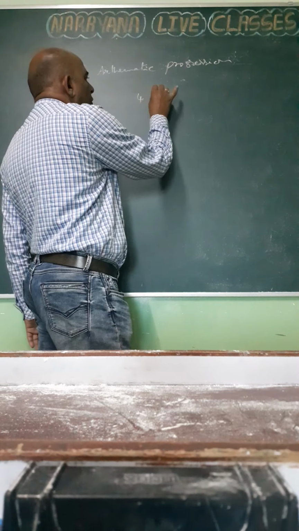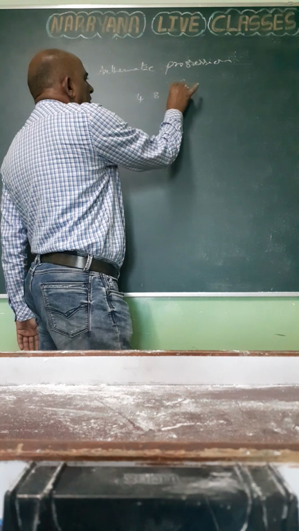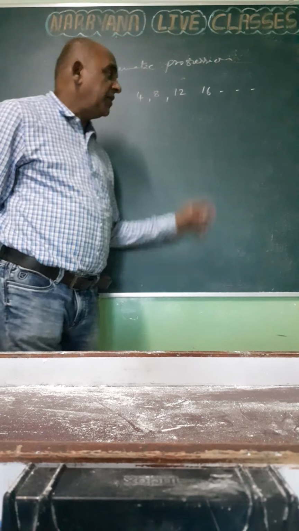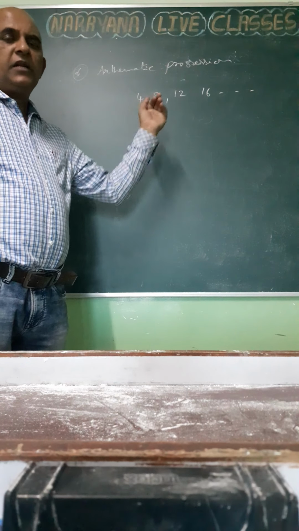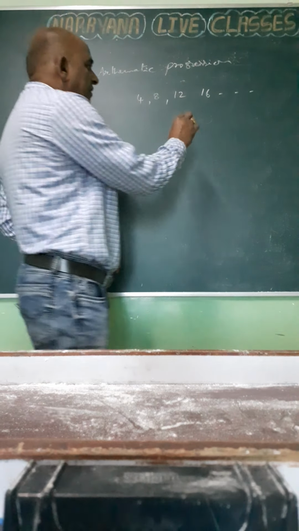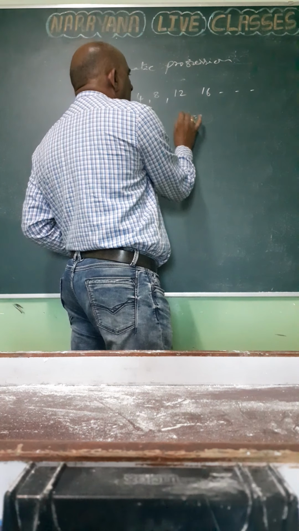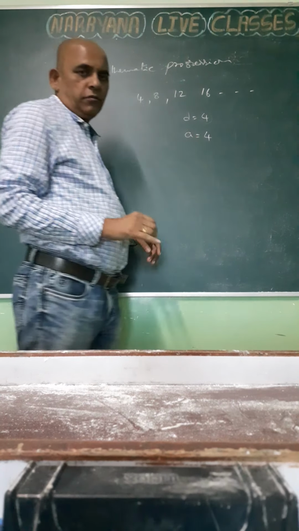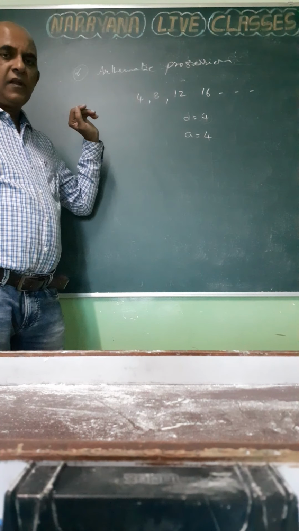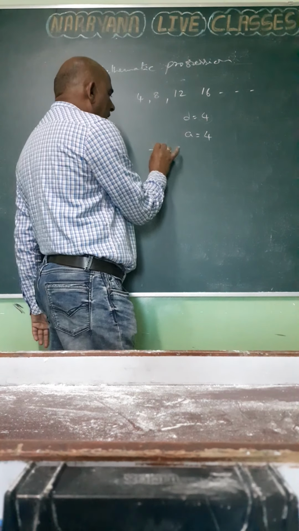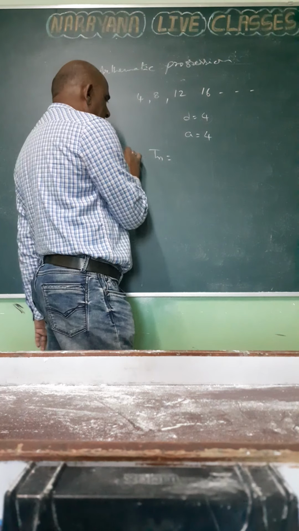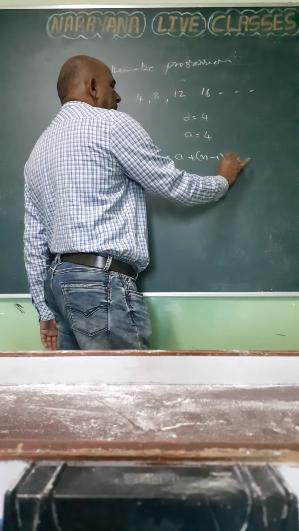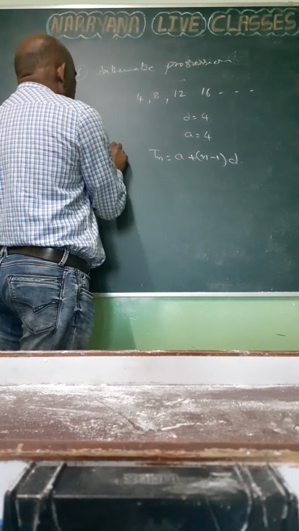For example, 4, 8, 12, 16, etc. So the difference is the same. The difference is known as d, that is 4, and the first term is also 4. The first term is a. Then the nth term Tn is equal to a plus n minus 1 into d. This is the formula for the nth term.